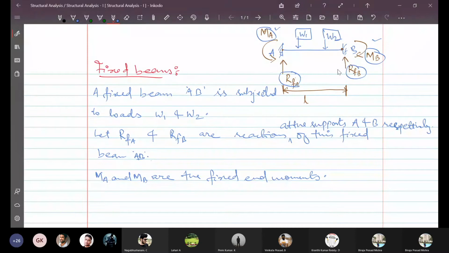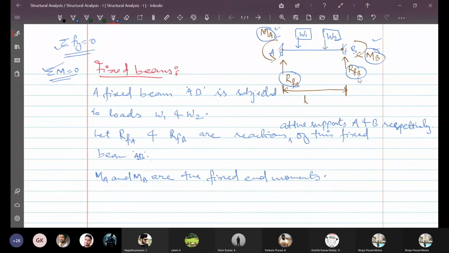Okay, and we know that we have two equations of equilibrium for this: summation Fy equals 0, that is one, and summation of moments at a point equals 0. So we have two equilibrium equations and four unknowns.